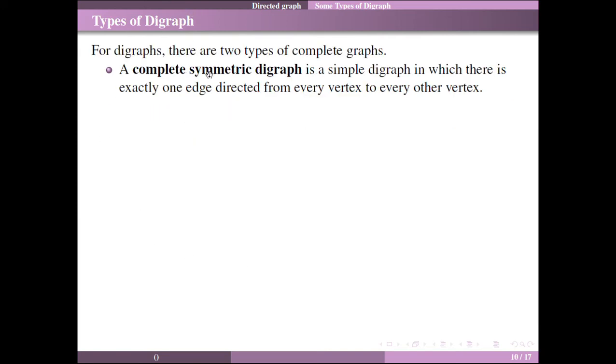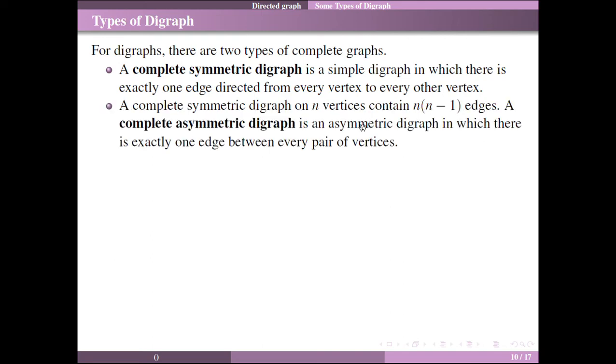For digraphs, there are two types of complete graphs. A complete symmetric digraph is the simple digraph in which there is exactly one edge directed from every vertex to every other vertex. A complete symmetric digraph on n vertices contains n(n-1) edges.